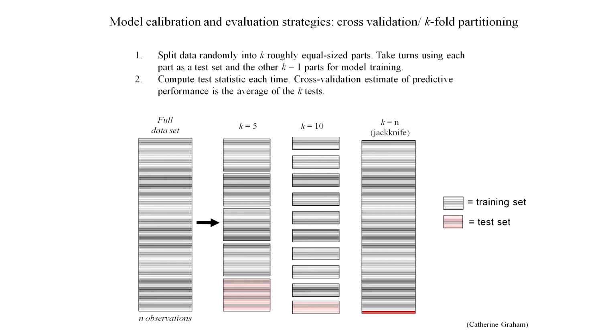And what we're going to do is, instead of just doing one split into say 70 and 30, we're going to split into, to get the terminology, if you were doing 5-fold partitioning, you would split into 5 folds, 5 different parts. Obviously in this case you'd have 20% of the data in each of those parts, and then you're going to build a model based on 4 of them and test against 1 part.